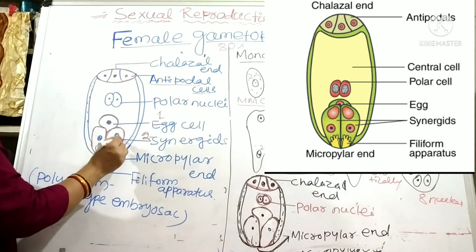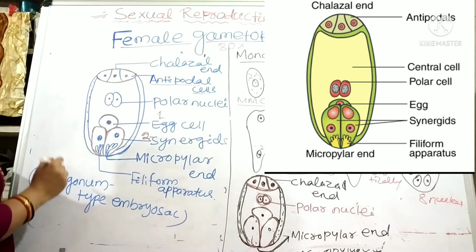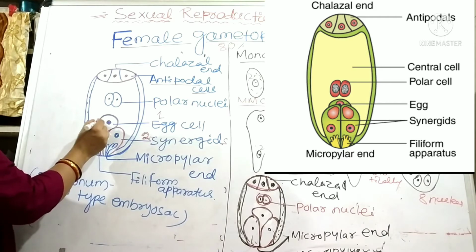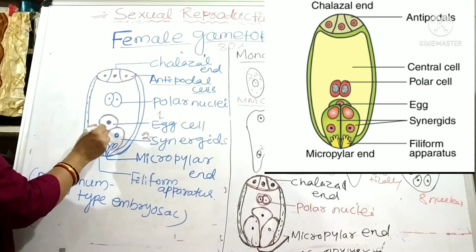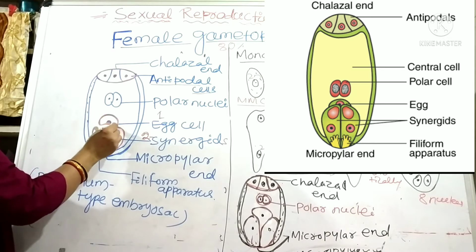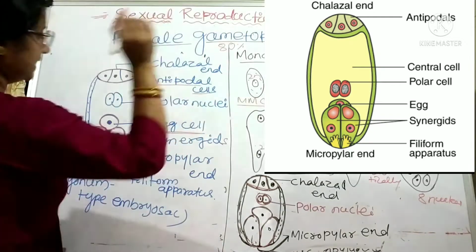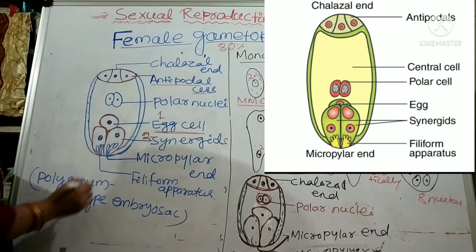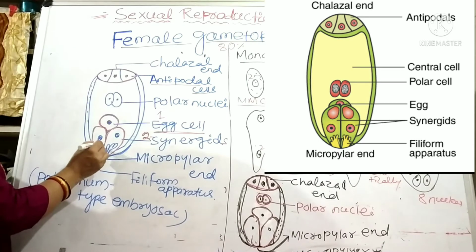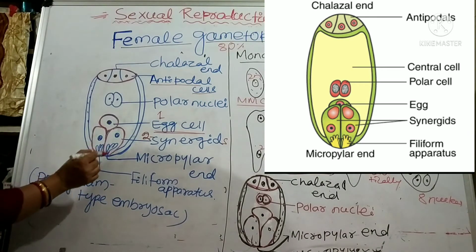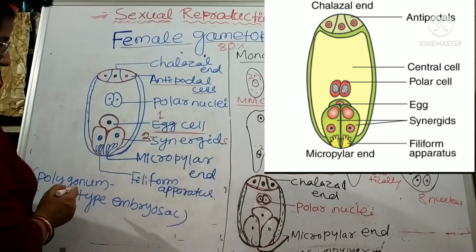These 2, this and this, are known as synergids, and the third cell, present above the synergids, is known as the egg cell. Okay, and inside the synergid there is a finger-like projection known as the filiform apparatus.